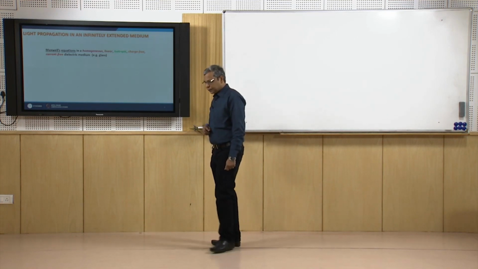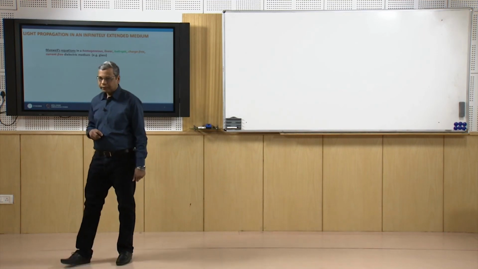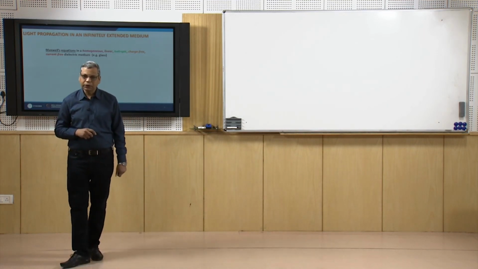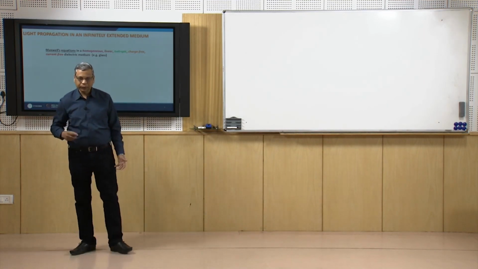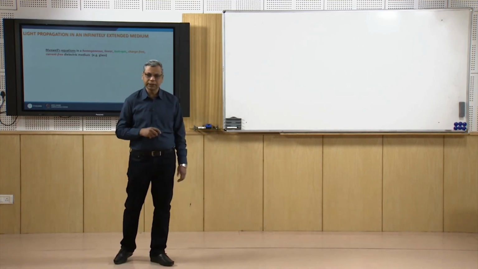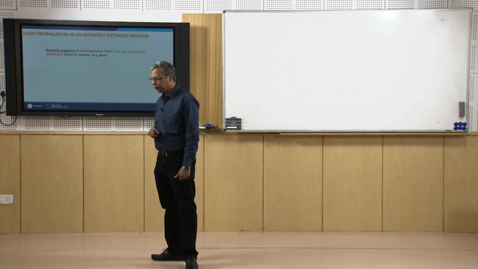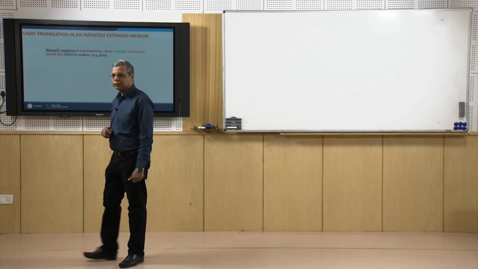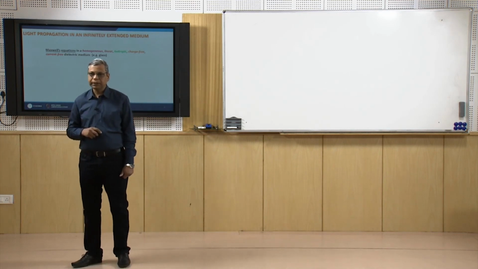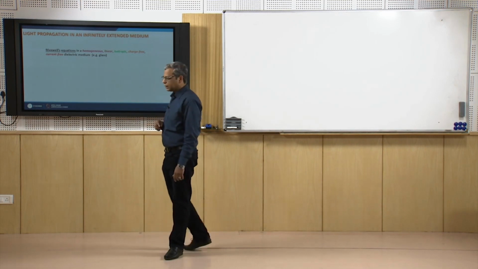Linear medium means that if I propagate light of frequency omega, then it propagates as frequency omega itself, it does not generate new frequencies. Or if I propagate light in a medium, then the refractive index of the medium remains independent of the intensity of light. So, this is a linear medium.